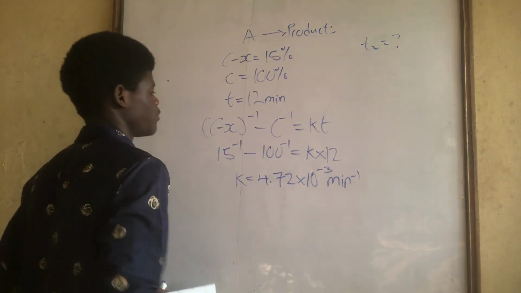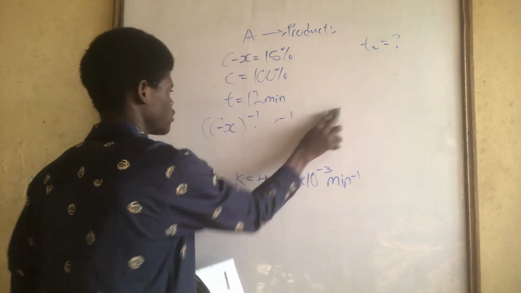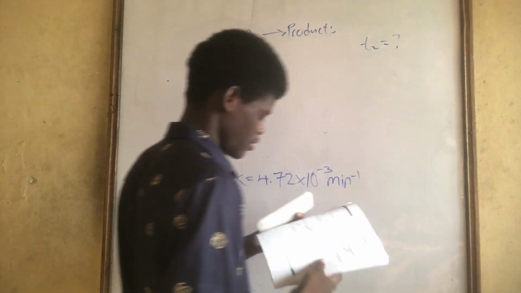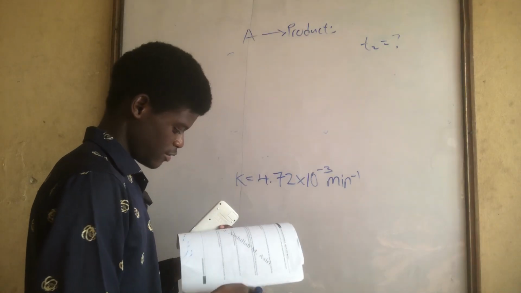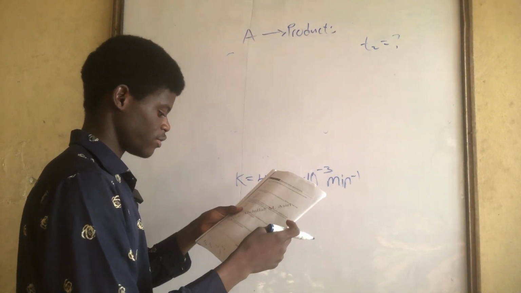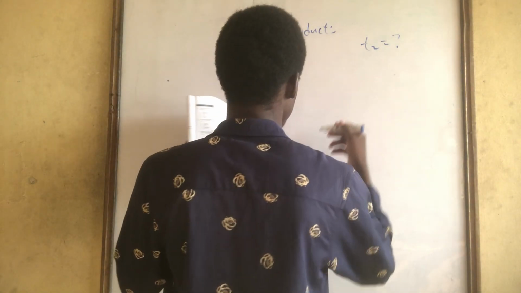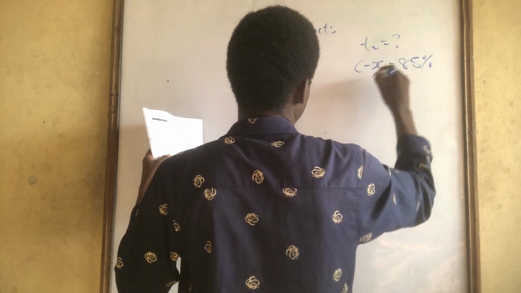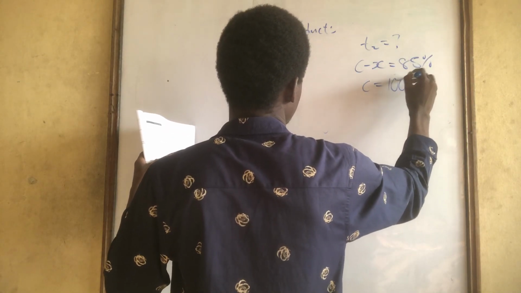Let's find the time for the second scenario. For the second scenario, they asked how long will it take for it to be 50% complete? So for it to be 50% complete, it's actually 50% incomplete. The initial is always 100%.